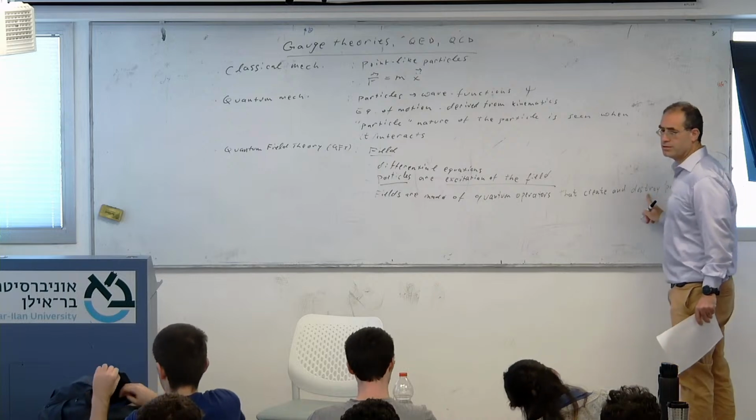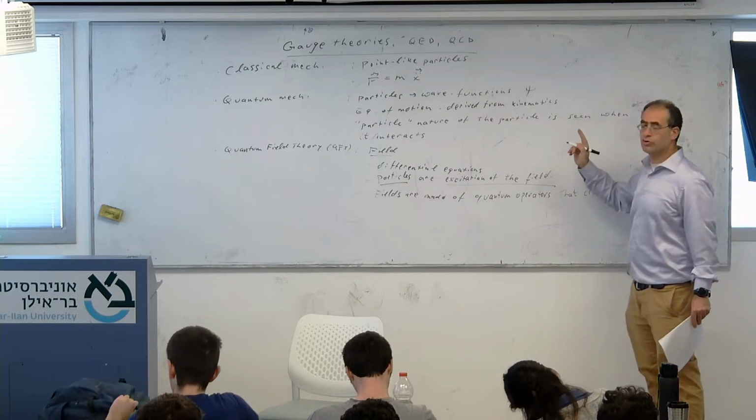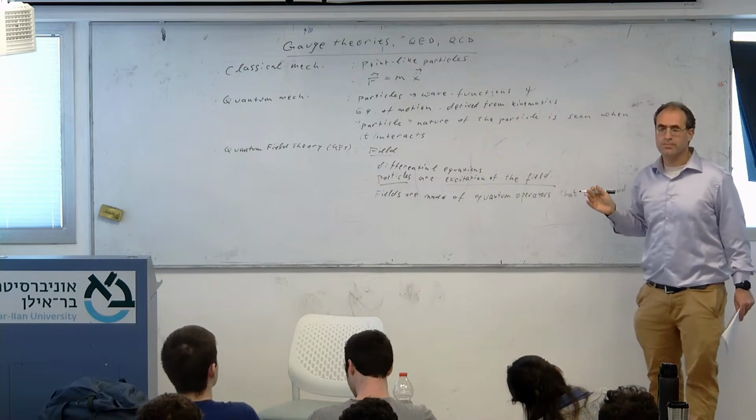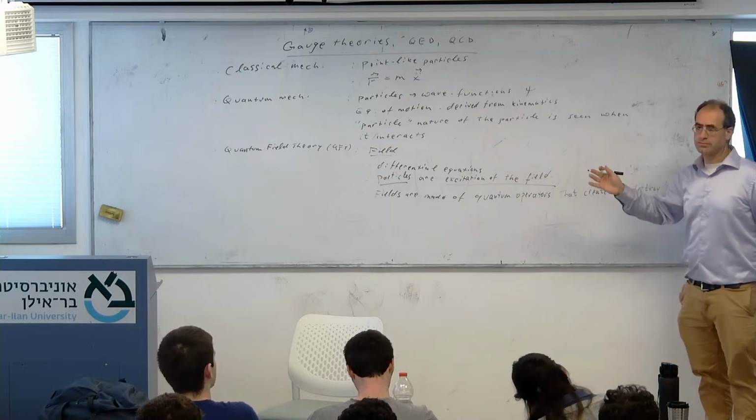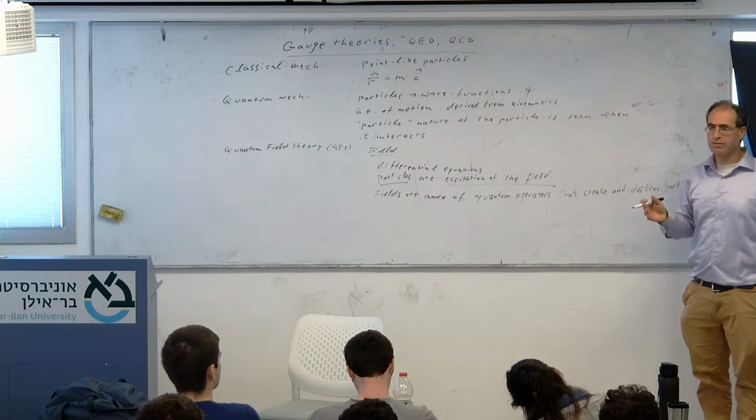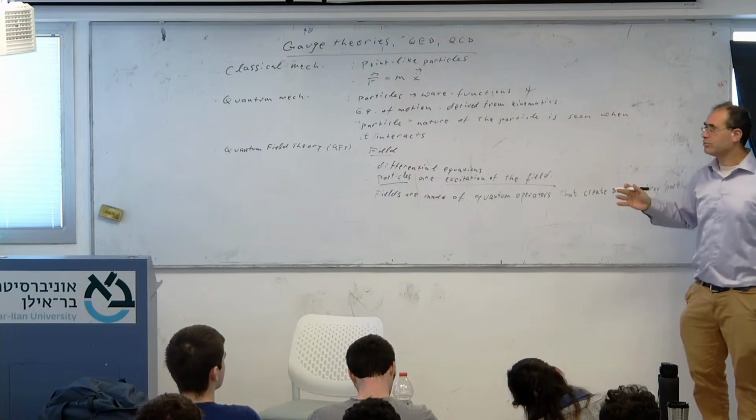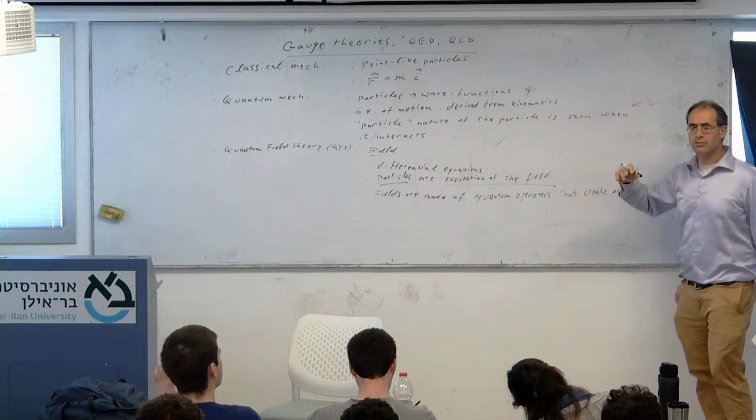Of course, the advantage is that in quantum mechanics, we cannot create particles and we cannot destroy particles. Particles are just there. There's no concept of a particle that disappears. The wave function has to be normalized to 1.